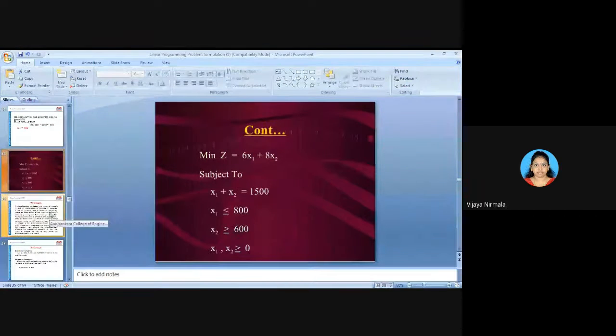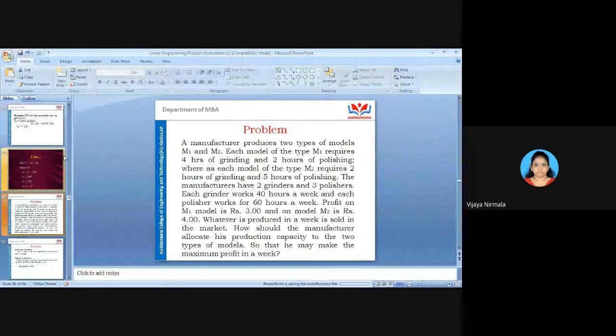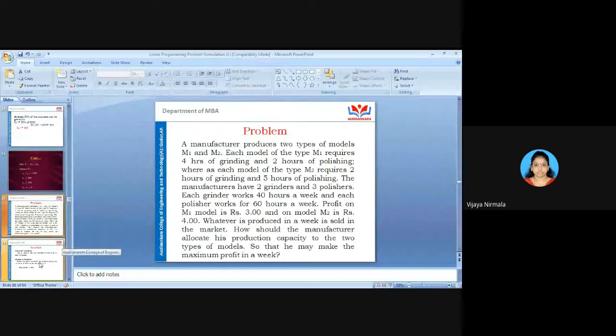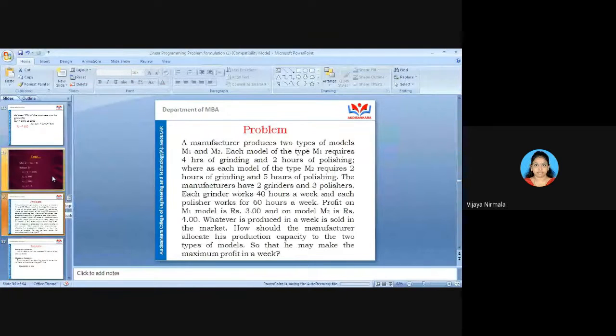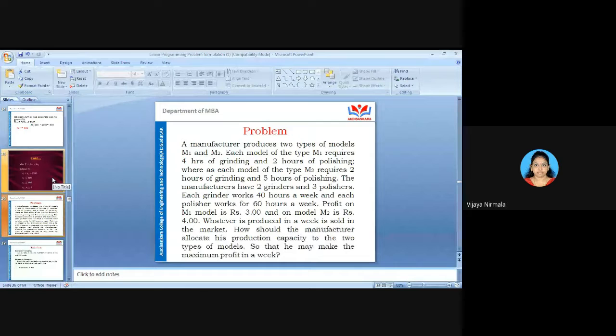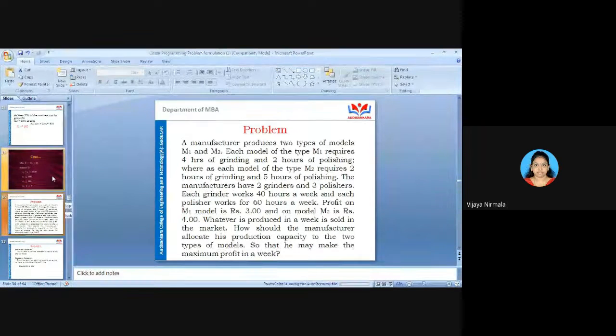Shall we move to the next problem? Have you written the problem? In the previous problems, I have given everything in a tabular form, and by looking at the table, you just wrote the values. It is easy for us to formulate, but if they give a problem in a theoretical way, you have to formulate a table first and then write, right?